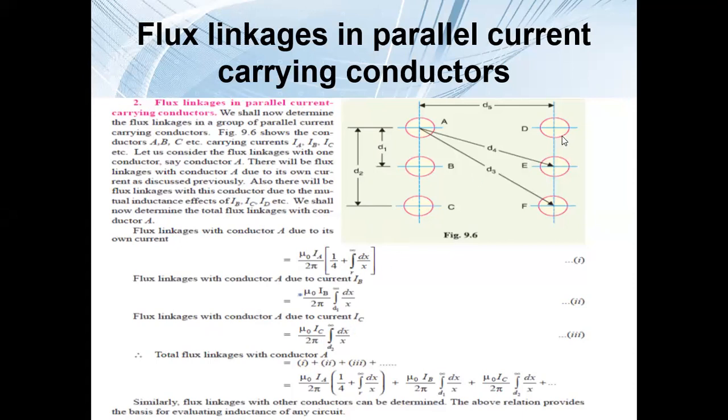This continues for conductors D, E, and F also, since they contribute only external flux linkage to conductor A. The total flux linkage will be the summation of all these terms.